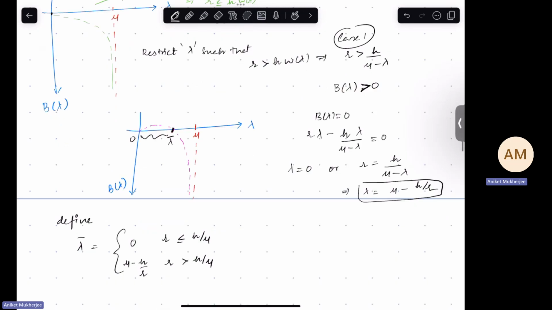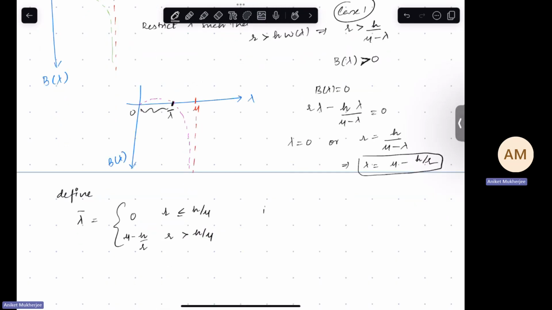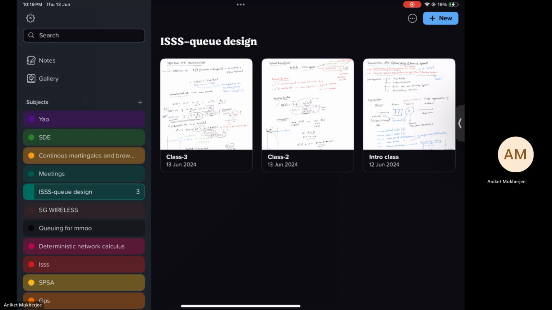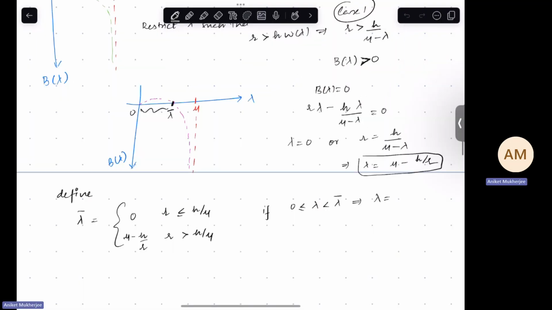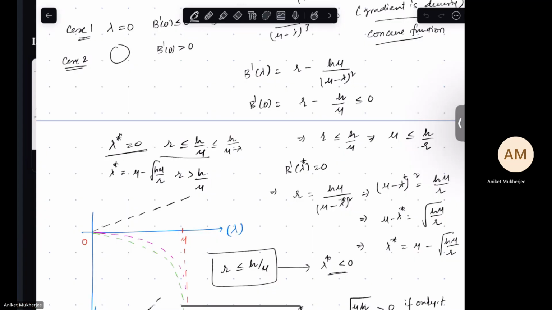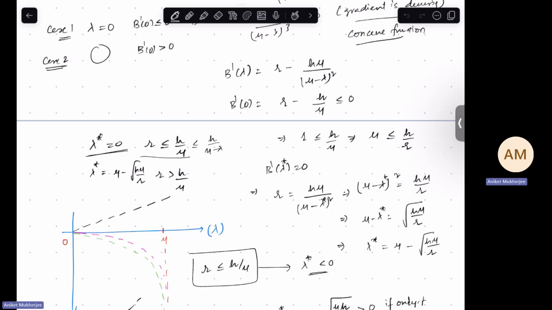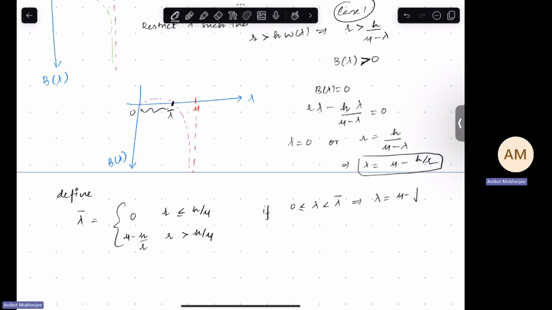So basically, what this gives is if 0 is less than or equal to lambda which is less than lambda prime, this implies lambda equals lambda star, which we derived yesterday, and that is mu minus root h mu by r.